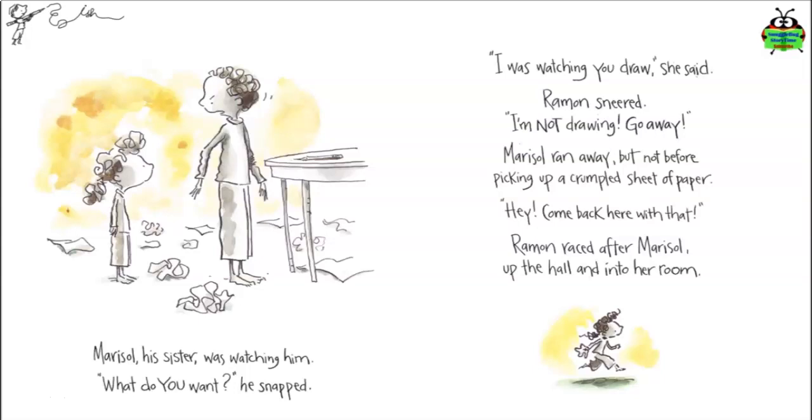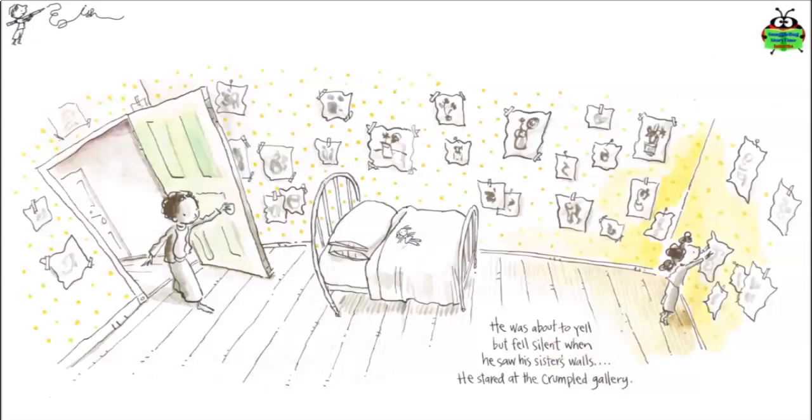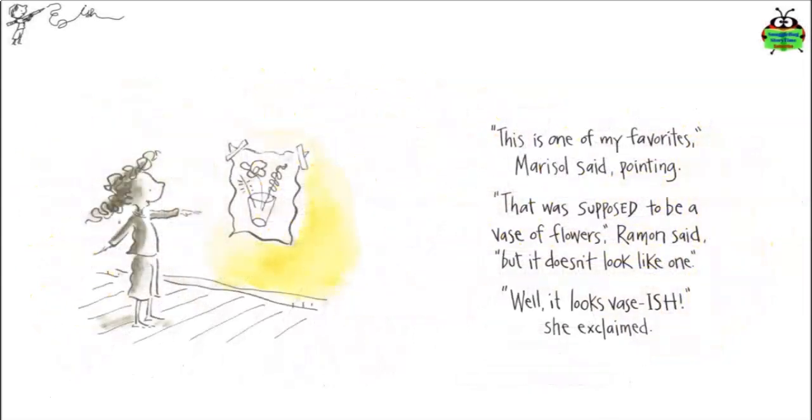Ramon raced after Marisol up the hall and into her room. He was about to yell, but fell silent when he saw his sister's walls. He stared at the crumpled gallery. "This is one of my favorites," Marisol said, pointing. "That was supposed to be a vase of flowers," Ramon said, "but it doesn't look like one."